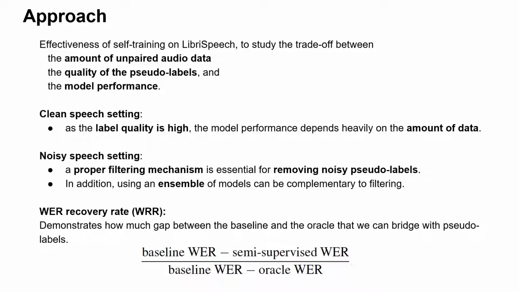For that purpose, they came up with a gap measure called WER recovery rate. We just want to know what gap exists, and that will help us identify how much of the gap we can improve.